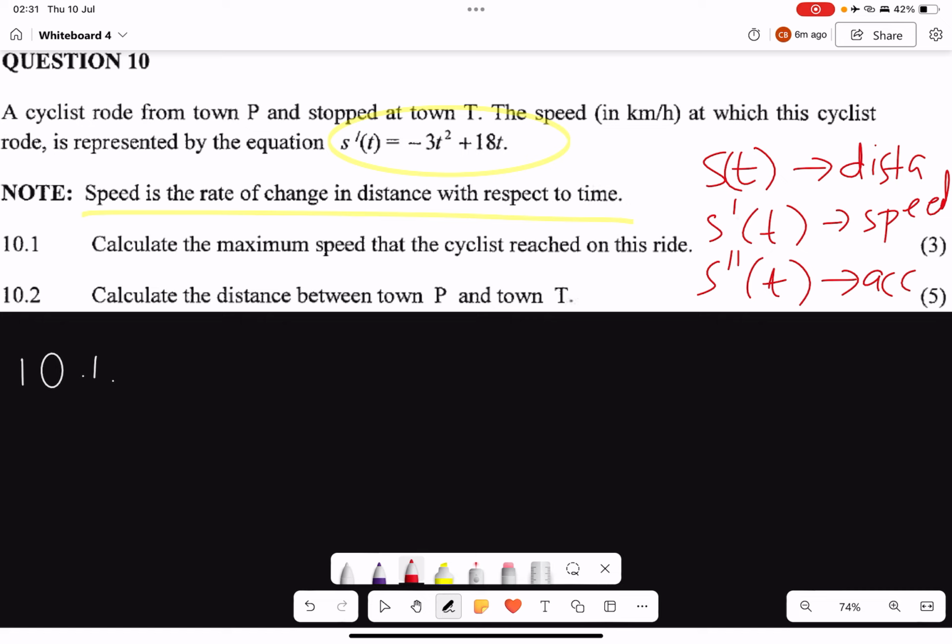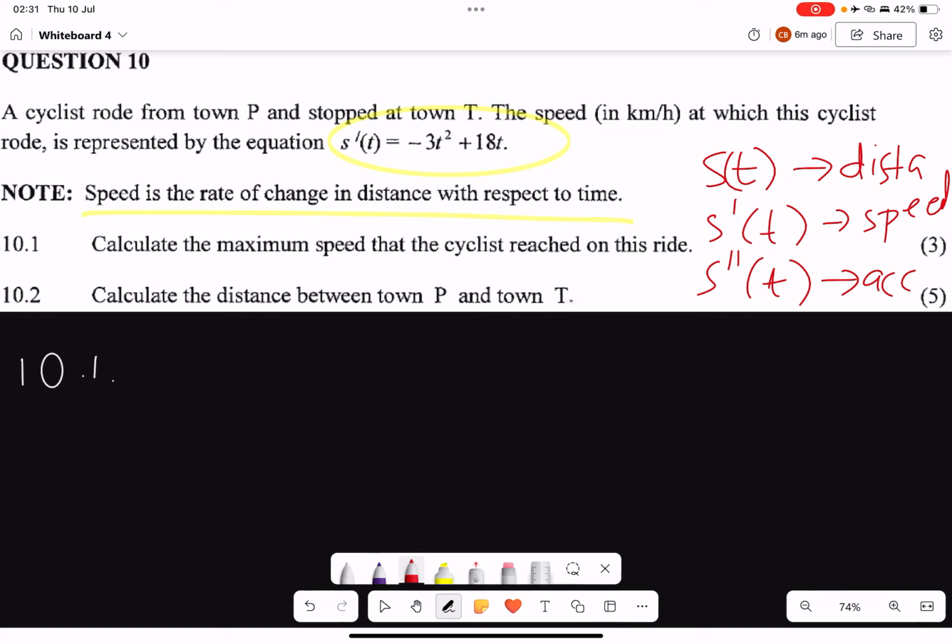When speed reaches a maximum, it stops increasing for a moment. That means the rate of change of speed is 0. And we said the rate at which speed is changing over time is acceleration.